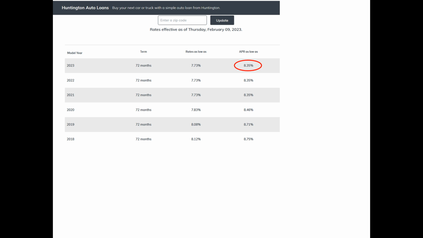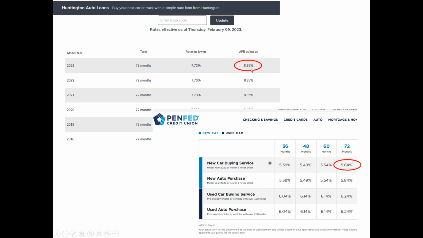So it's more risky. So the interest rates are going up the older the vehicle is, but this is Huntington Bank, 8.35%. Here is PenFed, a Pentagon Federal Credit Union.